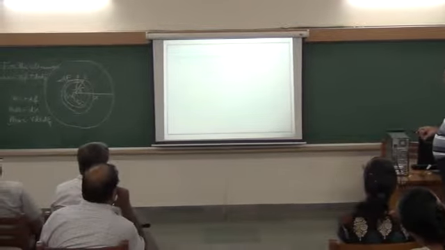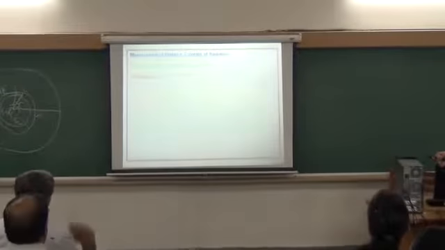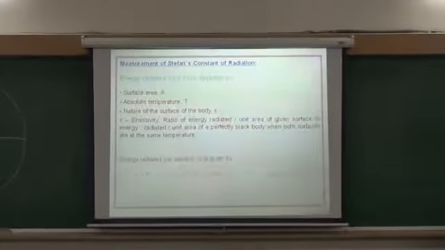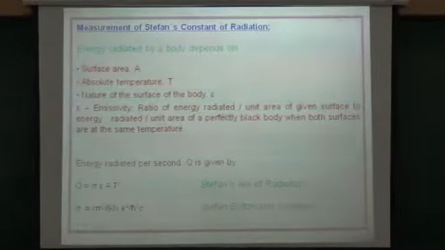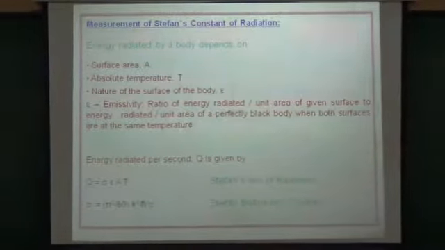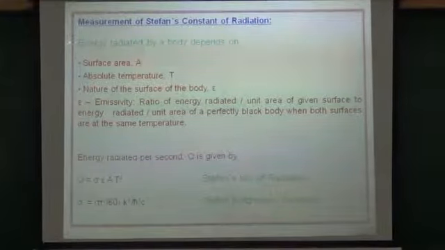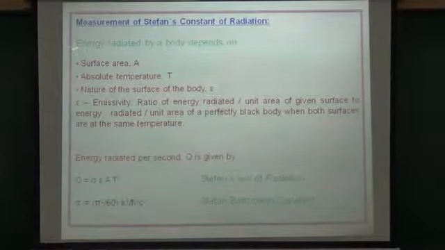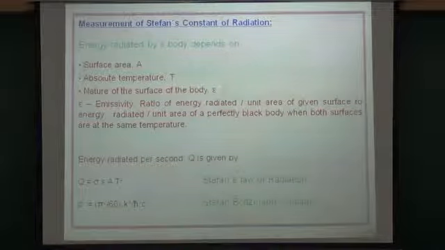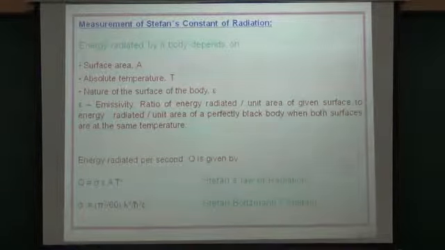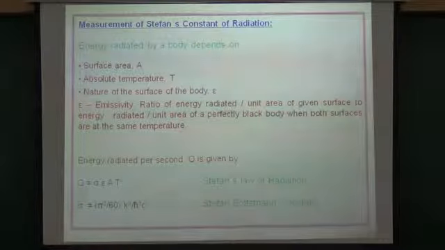So you all know about energy radiated by a body. If you heat a body, it will radiate heat. Energy radiated by a body depends upon its surface area, it depends upon the absolute temperature, and it depends upon the nature of a body, and we call this emissivity.